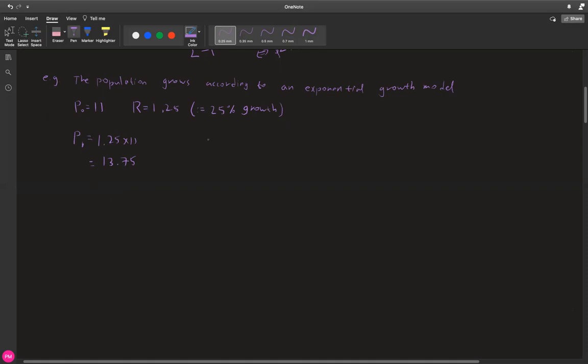Then how do you find the explicit formula? The explicit formula, as we have discussed above, is given as P sub n equals the common ratio to the power of n multiplied by the initial population. We already know all the pieces, so we can simply substitute 1.25, making sure you put the parentheses, to the power of n, multiplied by 11.